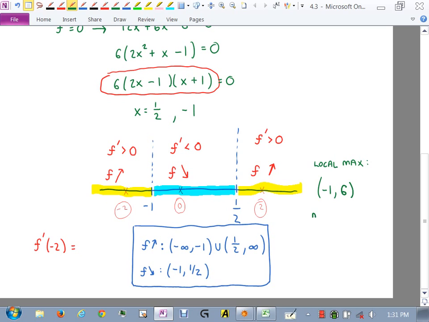What about your local min? What are you going to have to do for local min?